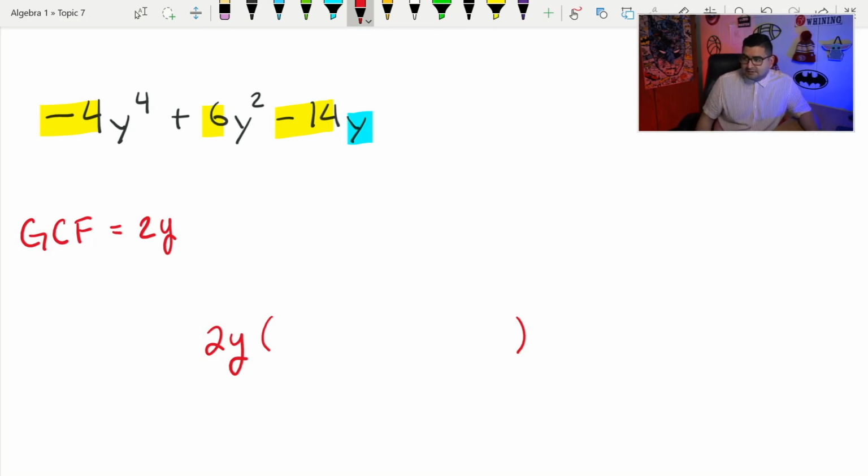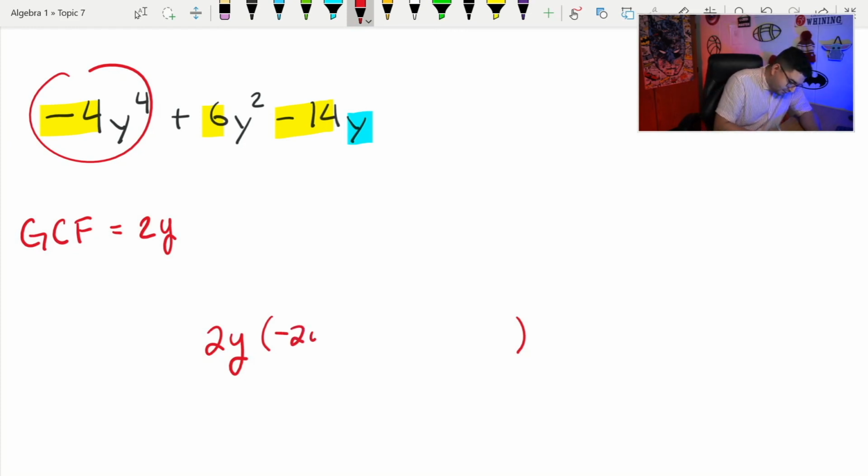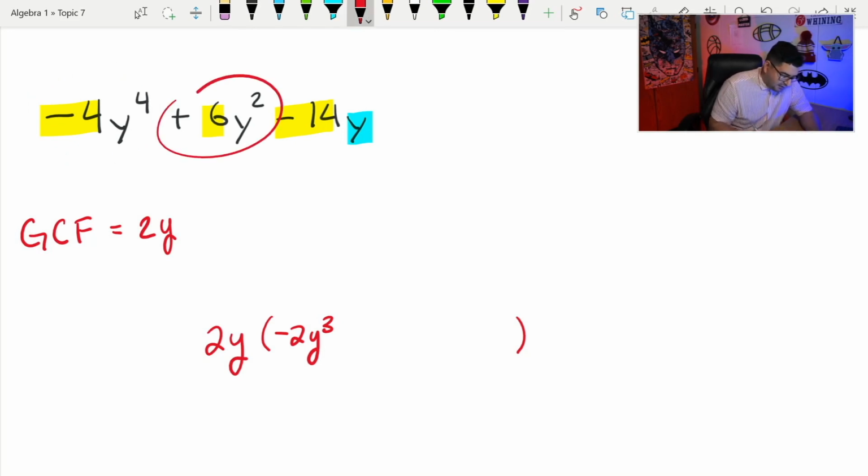Another way you could do this is to simply think of the end result. 2y multiplied by what can get me this term? Well, negative 2y raised to the power of 3. 2y times what can get me a 6y squared? Well, 2 times 3 can give me the 6, and y times y will change it to a y squared.